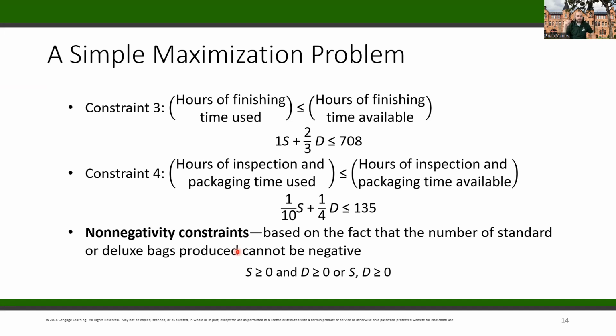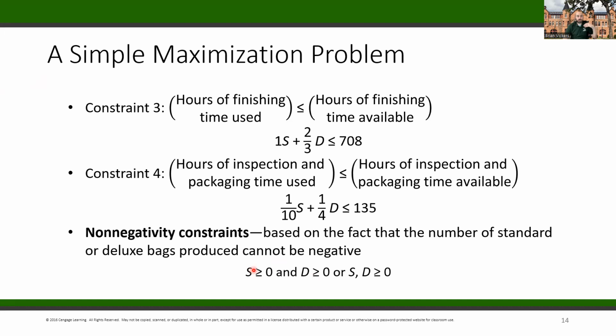You can't say, well, if I make more standard bags, let me free up a bunch more cutting time by making negative 1 billion deluxe bags, and now all of a sudden I have all this more time available. That doesn't work like that. You can't make less than 0. You can choose to not make any, but you can't make negative 5.